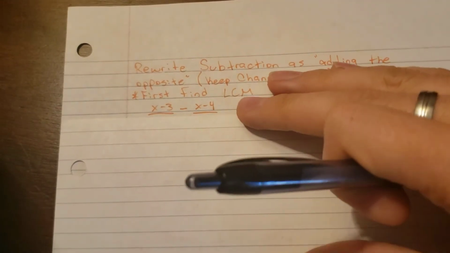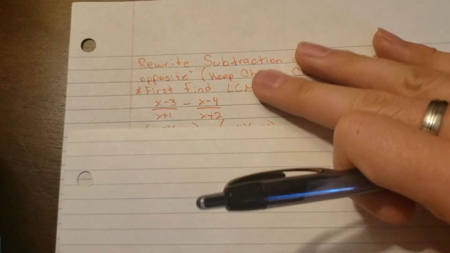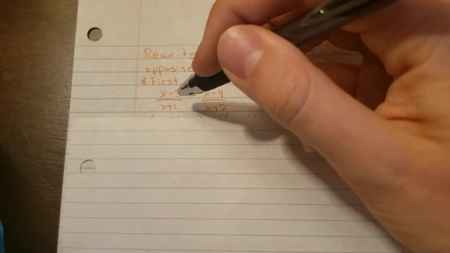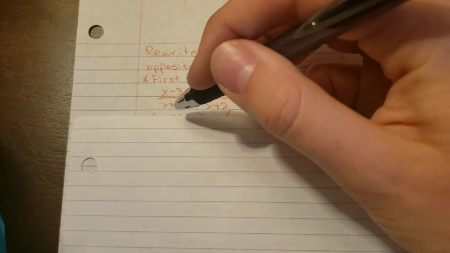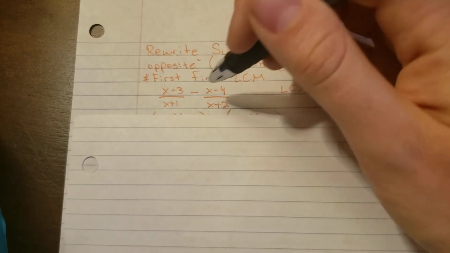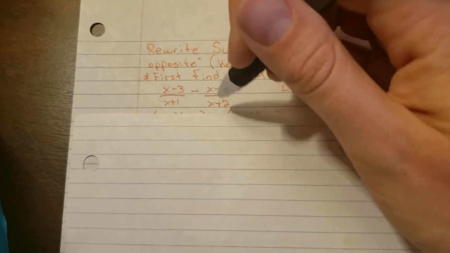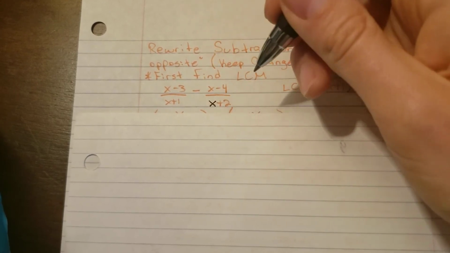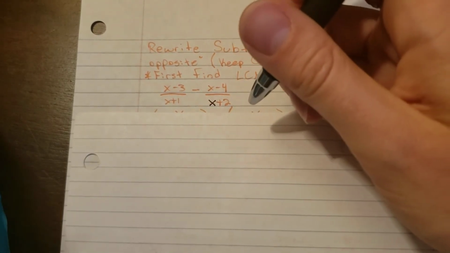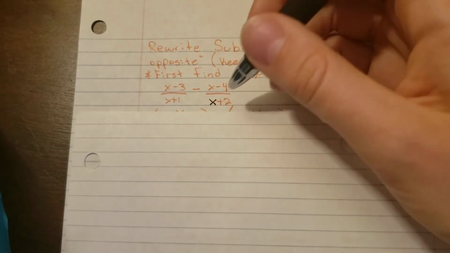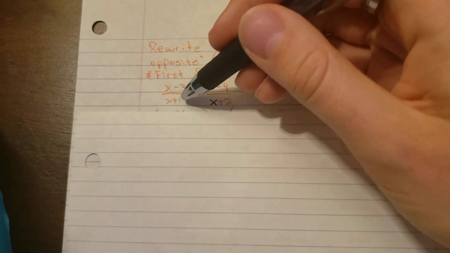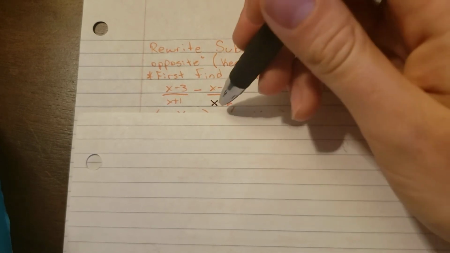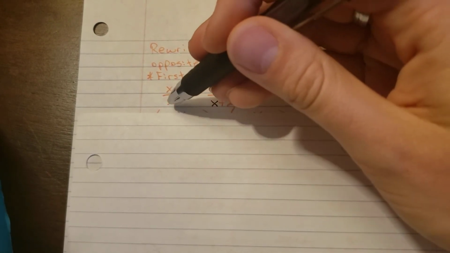So let's say we have this guy. x minus 3 over x plus 1 minus x minus 4 over x plus 2. So because this is a different factor than this, my least common multiple is going to be the product of this times that.